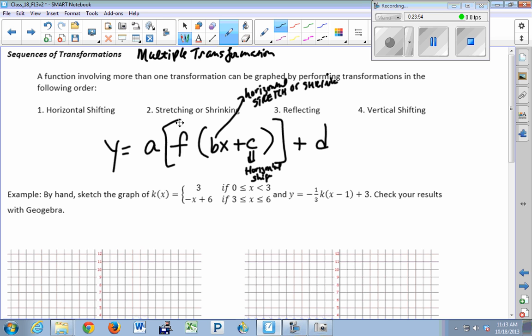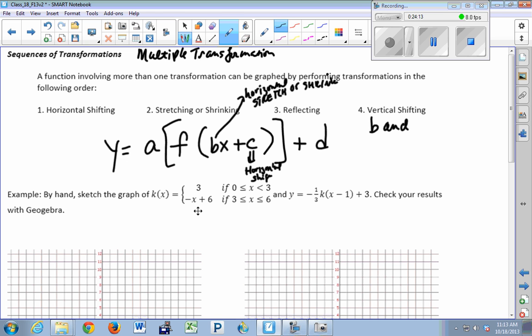Now notice these big brackets here are now taking us outside of our function. We've already performed what our function has said to do, and now we're acting on the outside. So A and D involve vertical transformations. So let's write that.